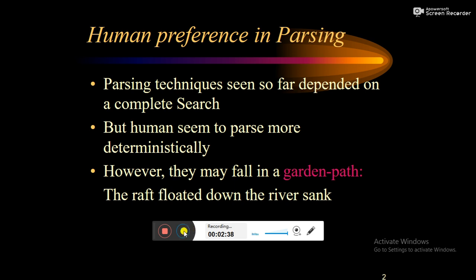In the sentence 'the raft floated down the river sank', when you read the word sank, you realize that the interpretation you have constructed so far for the sentence is not correct. In literature, such sentences are called garden path sentences, based on the expression about leading someone down a garden path. Here are a few of the general principles that appear to predict when a garden path arises.